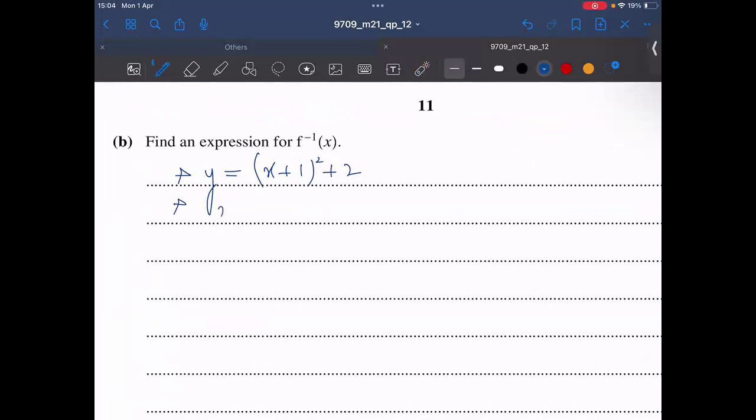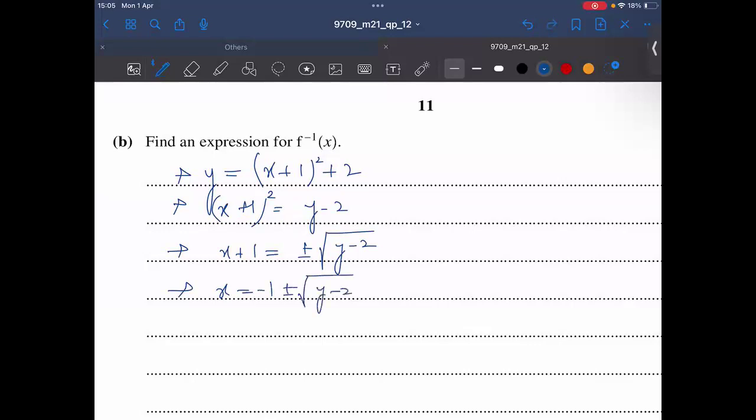So I'm going to make x the subject of the equation. (x plus 1) whole square is going to be y minus 2. Then x plus 1 is going to be plus or minus the square root of y minus 2. And then x is equal to minus 1 plus or minus the square root of y minus 2.